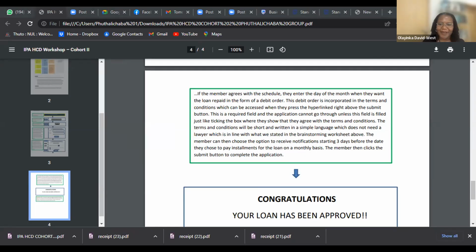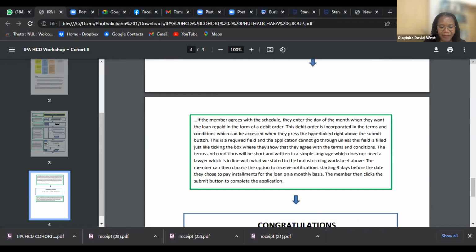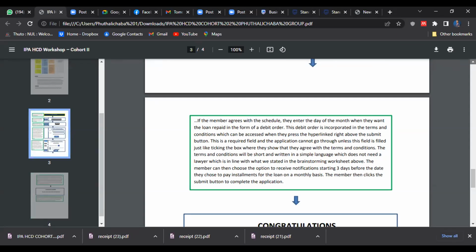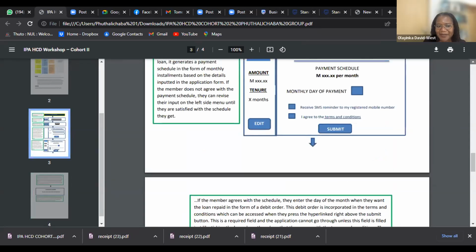Okay, if there are none, anybody? Thobela, I have one or two. In the first instance, you mentioned that they put in what they would like to borrow, and then you tell them later on what they're eligible for based on their savings, right?